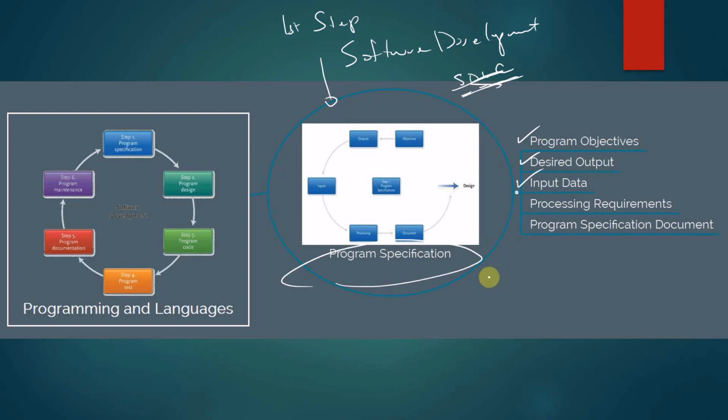Once you know the output you want, you can determine the input data and the source of this data. The processing requirements define the processing tasks that must happen for input data to be processed into output. And of course, along the way, you want to document these steps.